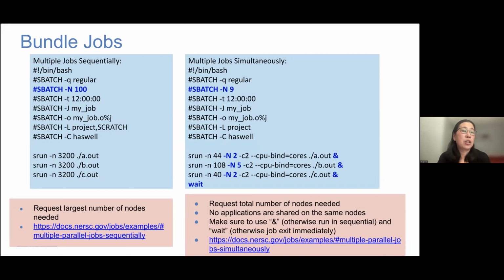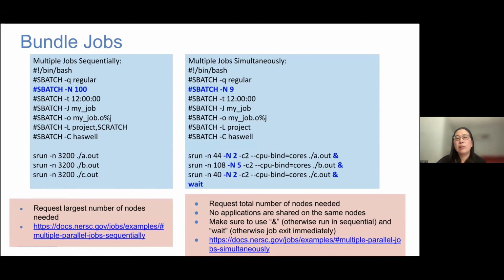You can do it in a batch job like this, or in an interactive batch session. Once you get your compute node allocated, you can run one after another in the interactive session. And you can also bundle your jobs simultaneously, meaning you have 3 srun here, 3 basically parallel jobs.